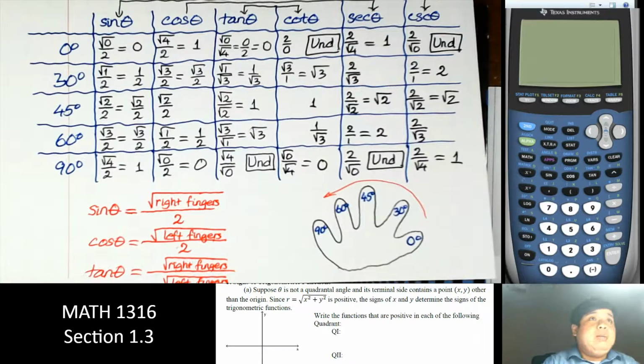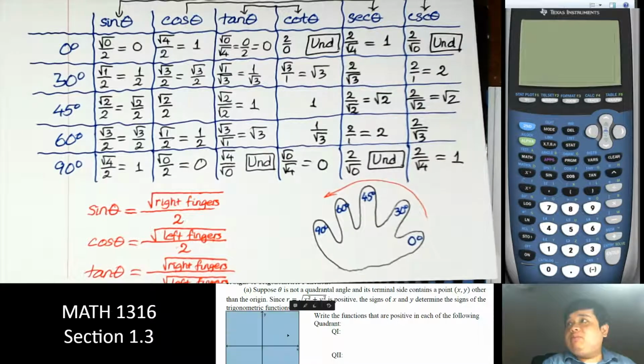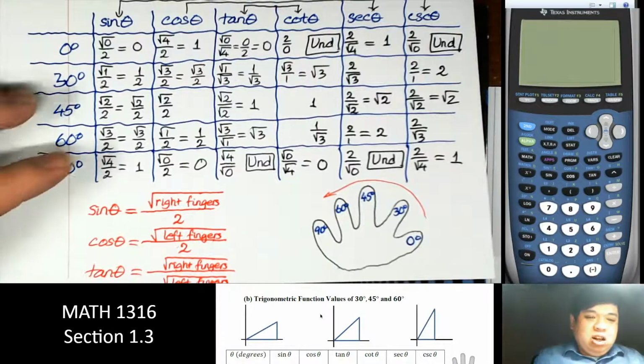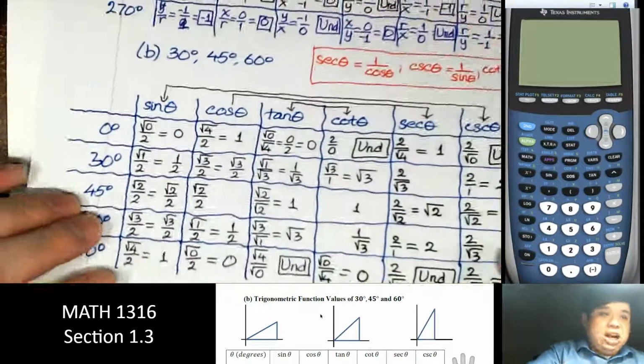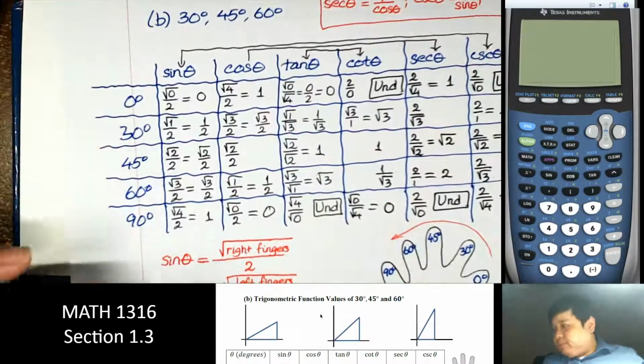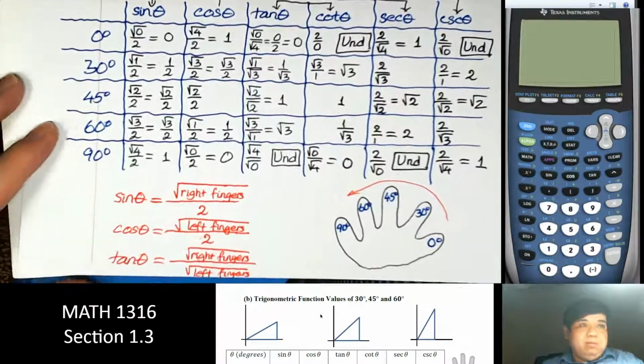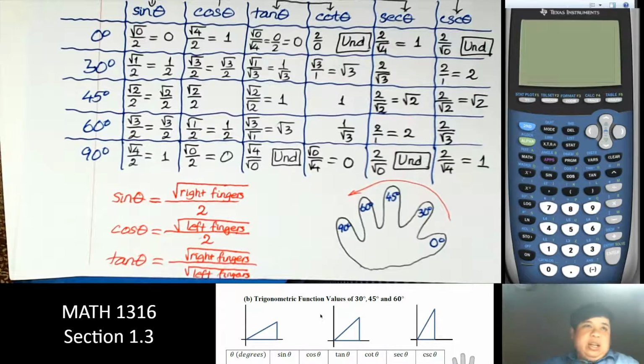Okay. And of course, according to the note, we can also use the triangle to do that, but I think it's a little more work, and the hand trick is kind of nice. So just stick with the hand trick. The left hand or the right hand doesn't matter.